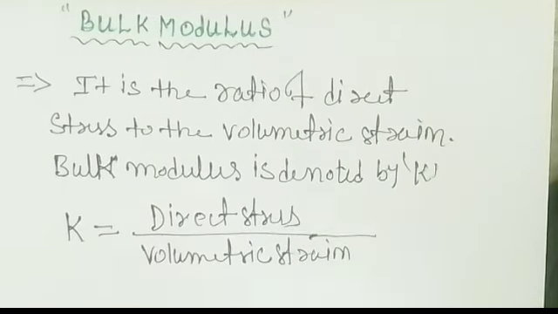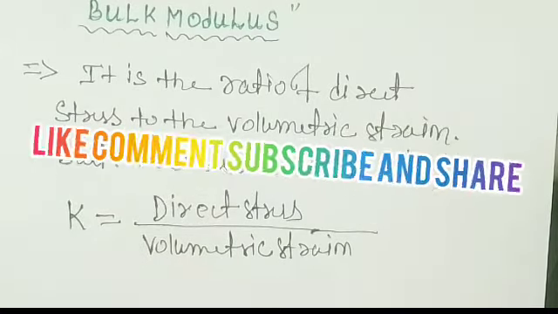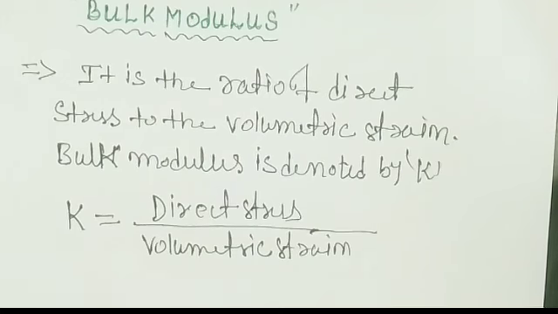Strain, as we already discussed, is change in length by original length, or change in dimension by original dimension. Direct stress means that whenever a body is subjected to mutually perpendicular, like and equal direct stresses, the ratio of direct stress to the corresponding volumetric strain is a constant, and that constant we call the bulk modulus.